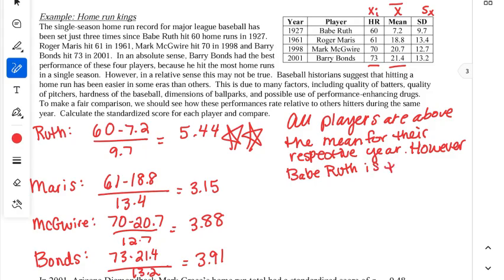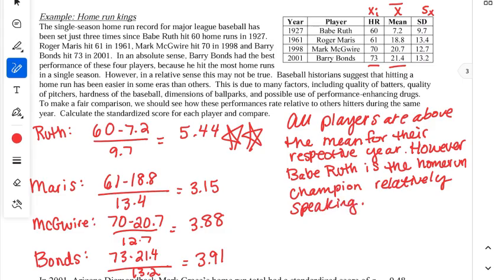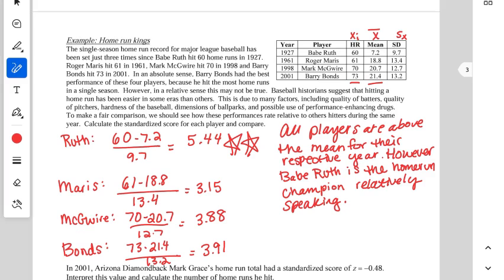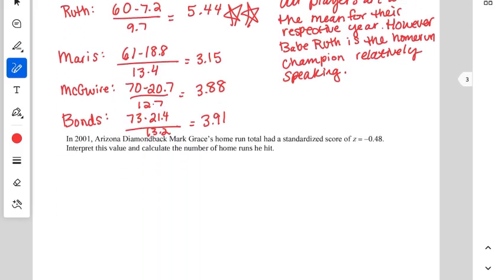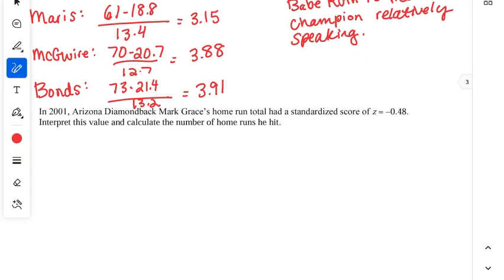However, Babe Ruth is the home run champion, relatively speaking. So he was making 60 home runs, while the mean of the players that year in 1927, they were only making 7.2 home runs. So that is pretty amazing.